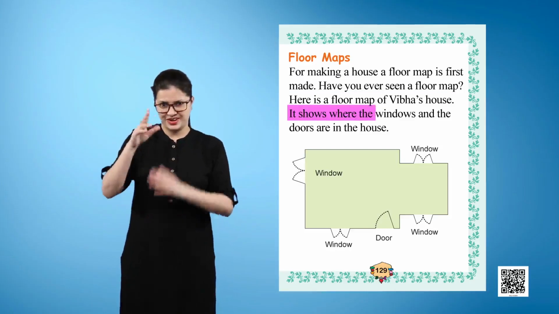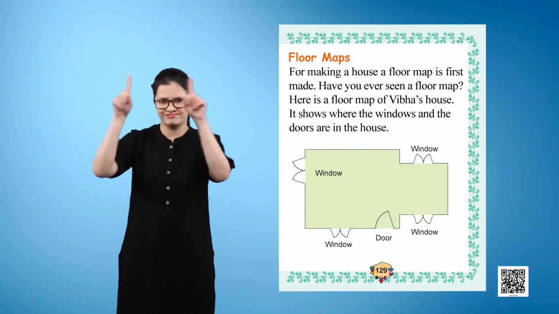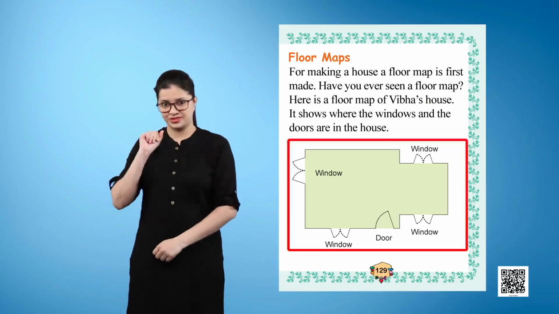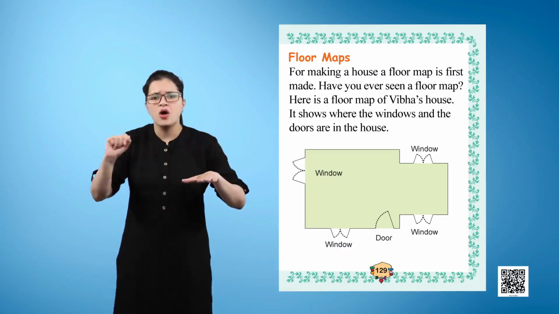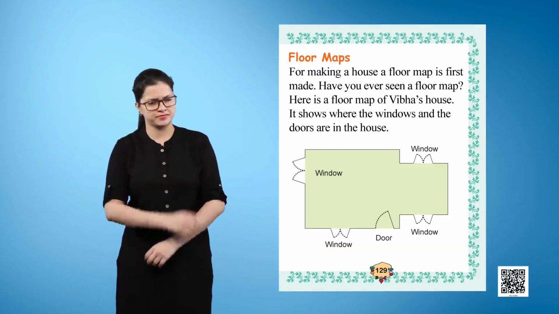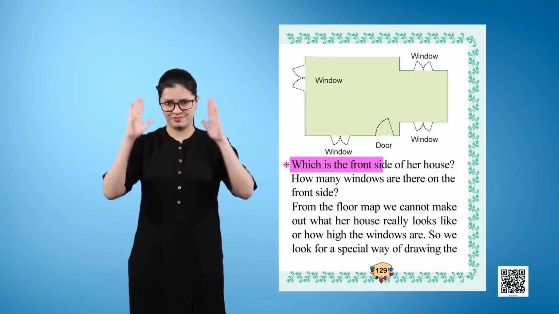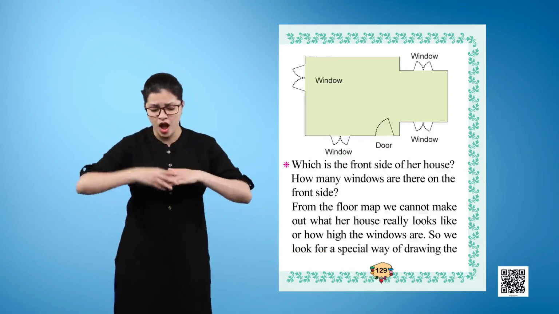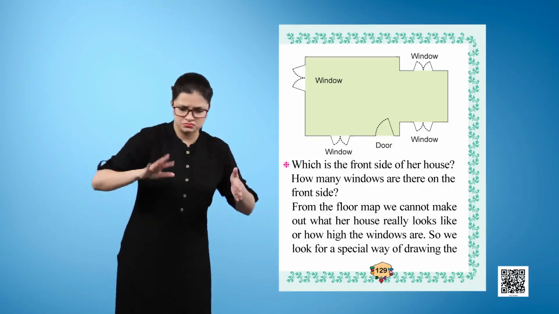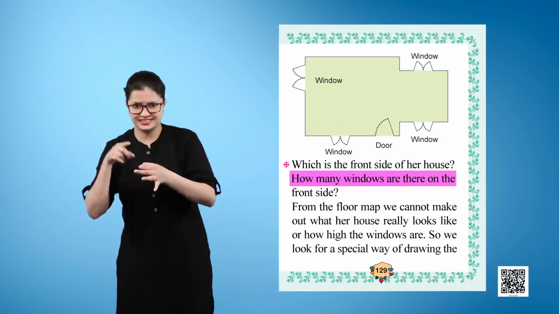It shows where the windows and the doors are in the house. On the left we have the floor map of Vibha's house, indicating the doors and windows clearly. Question: which is the front side of her house? How many windows are there on the front side?